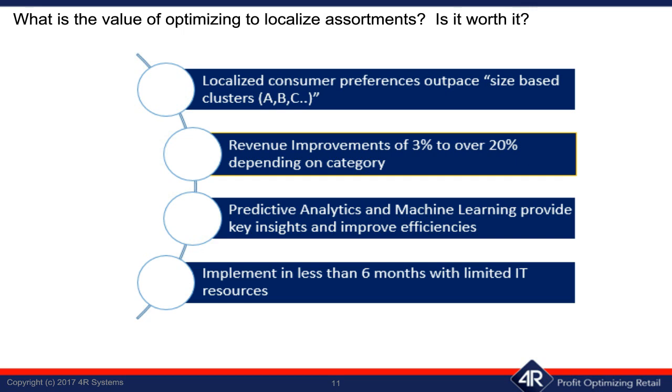This concept is built off of predictive analytics, and it uses machine learning, and it provides very deep insights as the information is mined, with different ways of looking at it and vastly improved efficiencies. The last is that all of these things can be implemented in less than 6 months with very limited IT resources, which is different than most projects and different than most radical changes that can be done for revenue improvement.